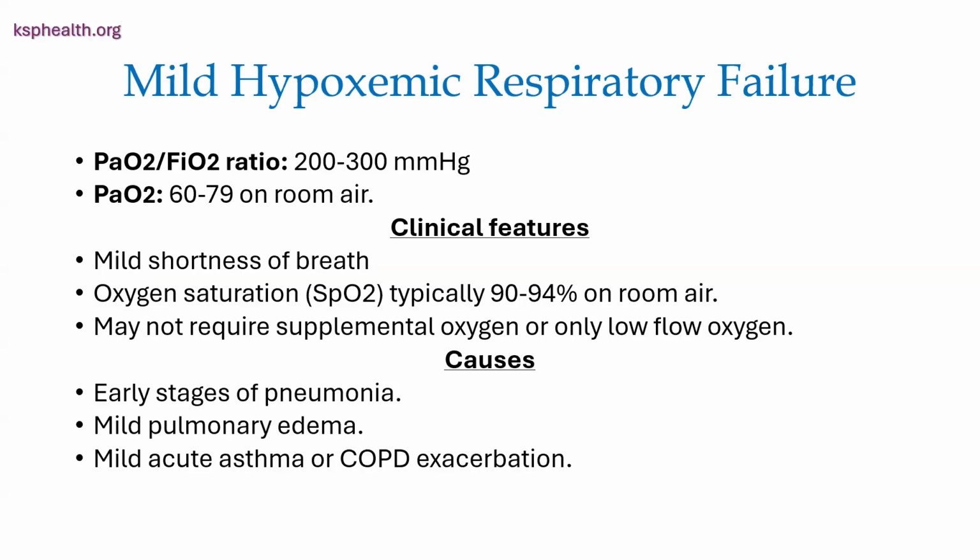Clinical features: usually they will have mild shortness of breath, with oxygen saturation typically ranging between 90 to 94 in room air. They may not require supplemental oxygen, or they may need only low flow oxygen. The important causes of mild hypoxemic respiratory failure are early stages of pneumonia, mild pulmonary edema, mild acute asthma, or COPD exacerbation.